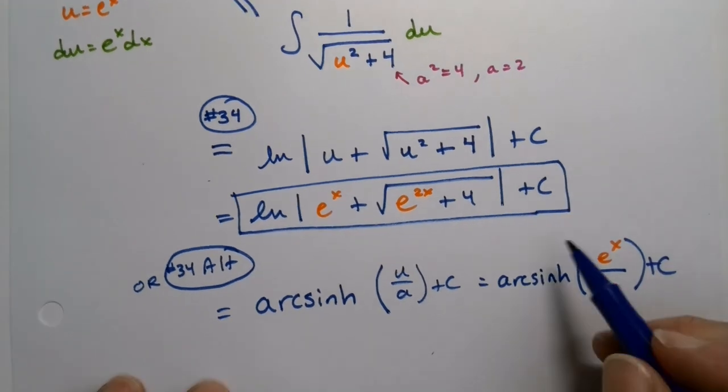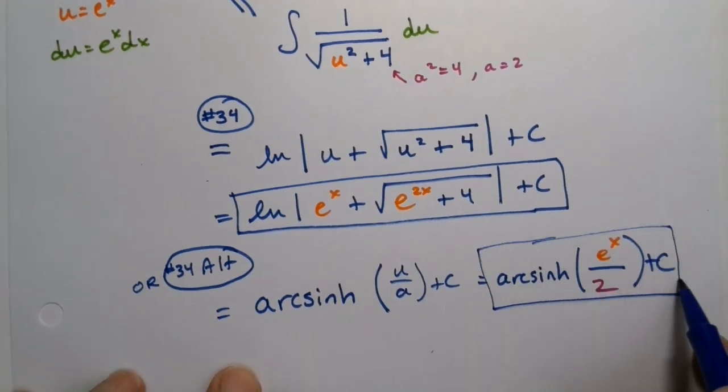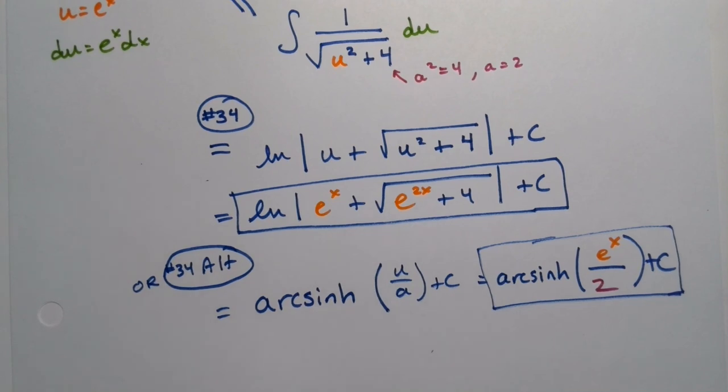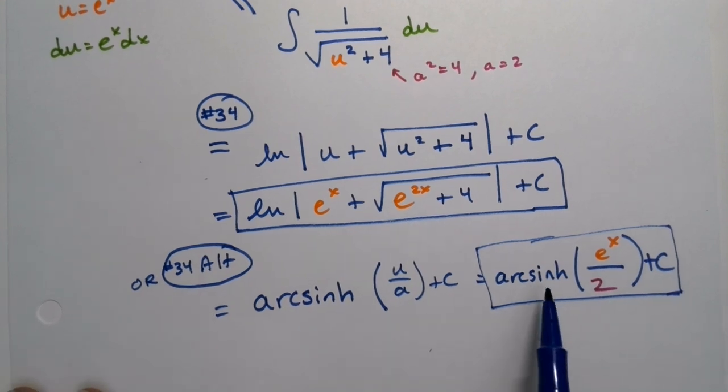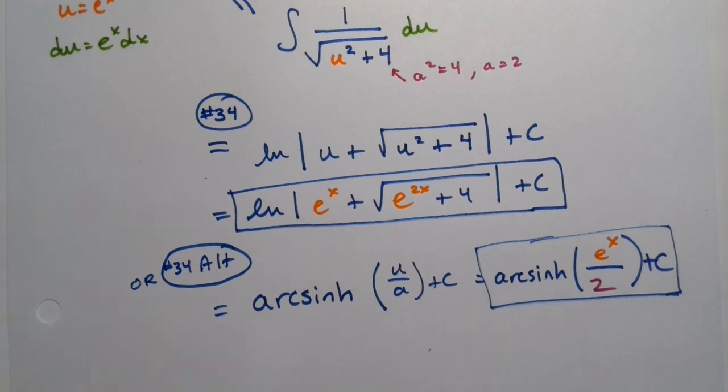Right there. So this one would also work. And what's amazing is that those two are actually the same thing. It has to do with, remember, the sinh formulas and the arc sinh formulas and so on. But they are actually the same answer.